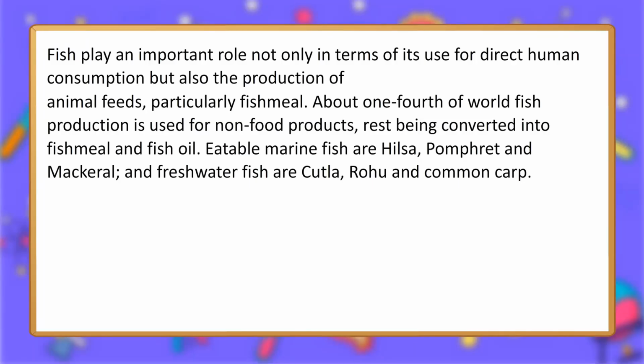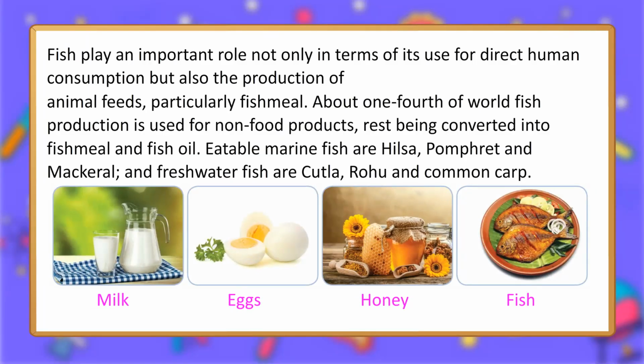About 1/4 of world fish production is used for non-food products, the rest being converted into fish meal and fish oil. Edible marine fish are hilsa, pomfret and mackerel, and freshwater fish are catla, rohu and common carp. Milk, eggs, honey, fish.